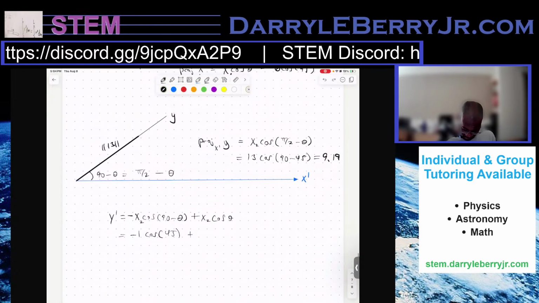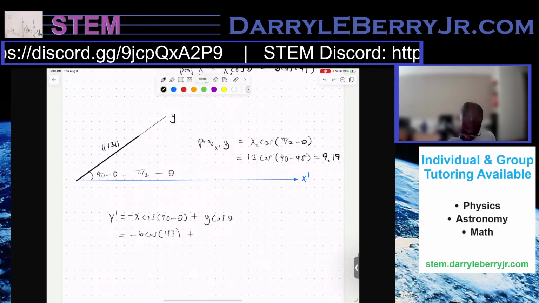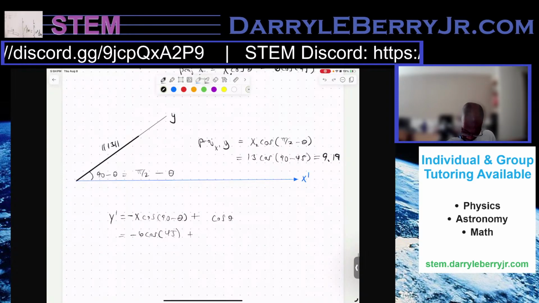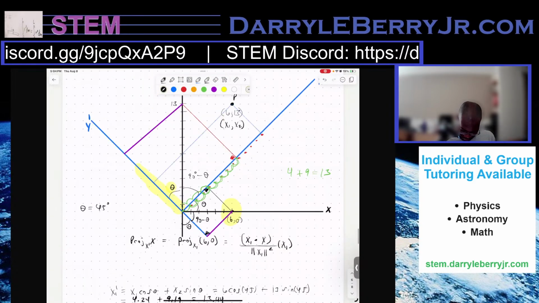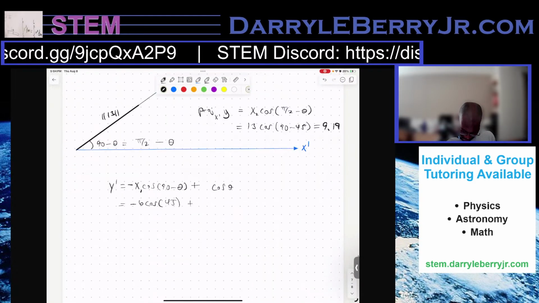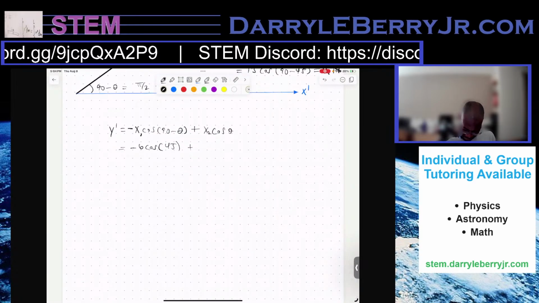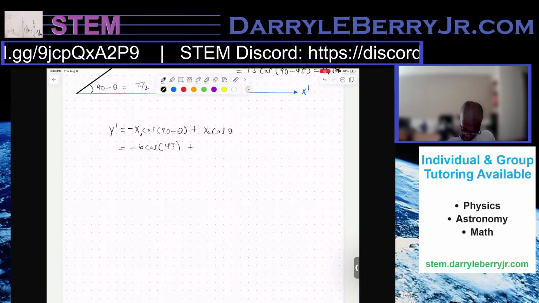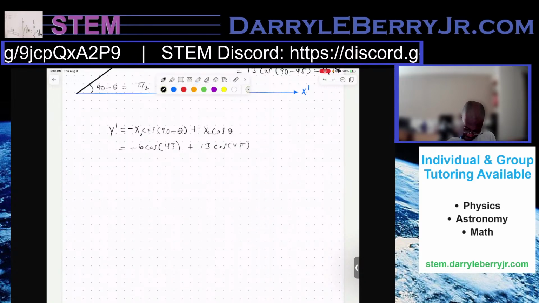Hold up. It's still x1. It's just projecting them onto y prime. And x2 cosine theta. So that's negative 6 cosine 45 and 13 cosine 45.